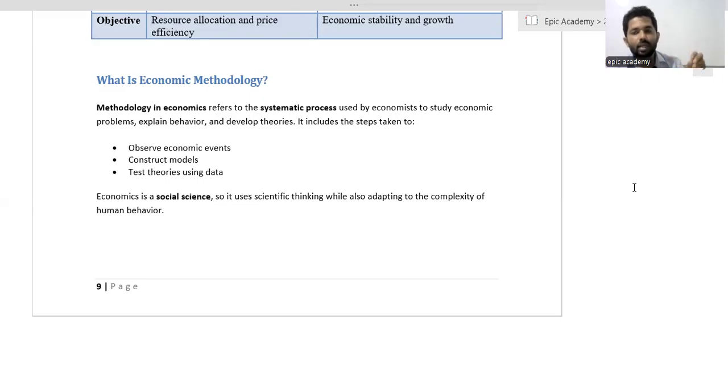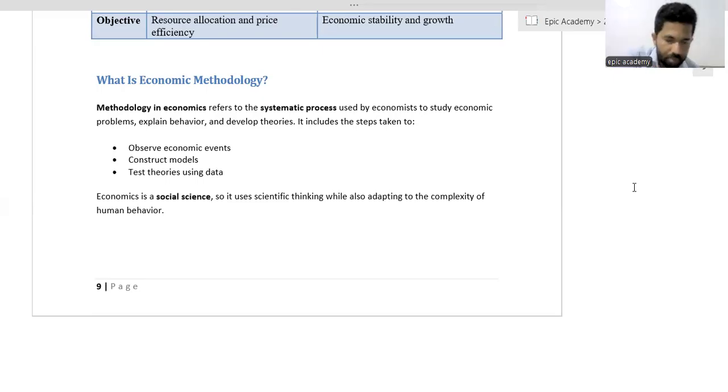Whether those economic activities belong to this country or another country, we are going to study it. We are going to identify that. What are the determinants? What are the factors behind that situation? What will happen? What are the advantages? What are the disadvantages? What will happen in the future? So all those components related to the subject of economics, we are going to discuss related to the methodology.